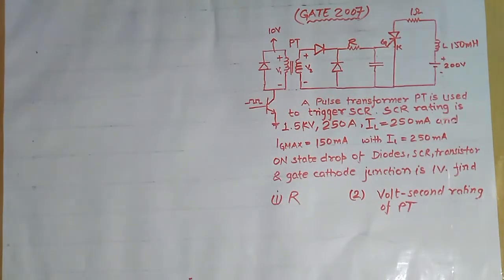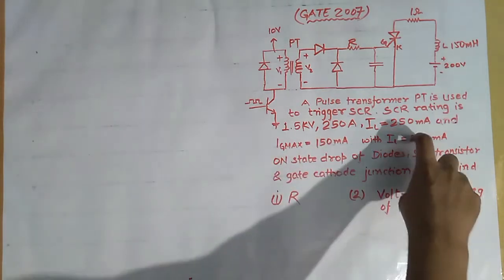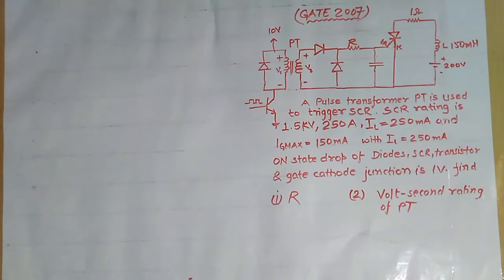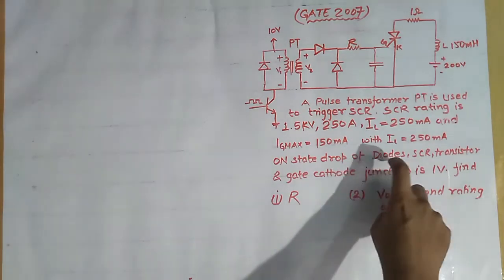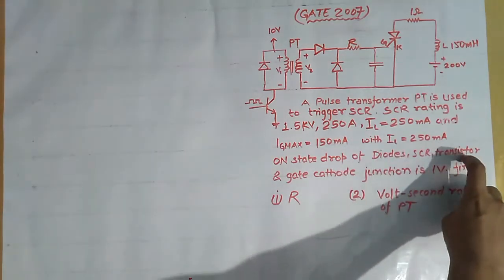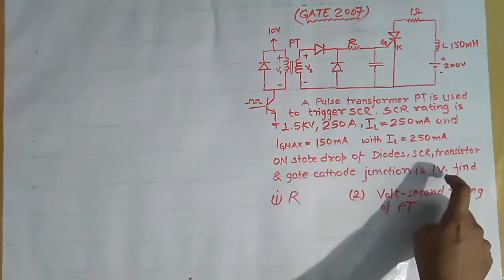SCR rating is 1.5 kV, 250 ampere, and latching current is 250 milliampere. Maximum gate current is 150 milliampere. On state drop of diodes, SCR, transistor and gate cathode junction is 1 volt.